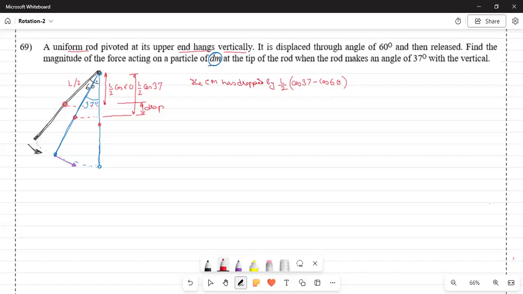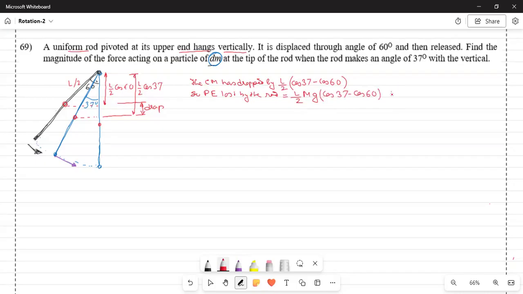So what is the potential energy lost by the rod? The potential energy lost by the rod is equal to L by 2 into the mass of the rod, we consider the mass of the rod M, g, into cos 37 minus cos 60.